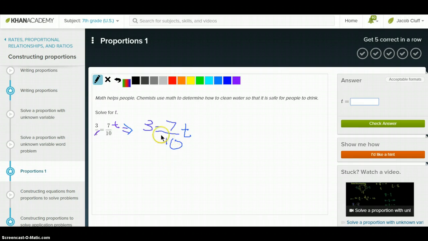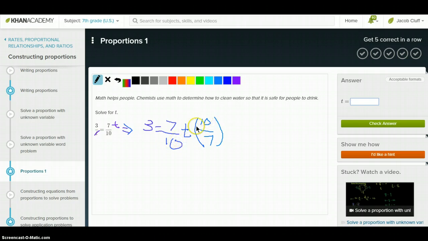Okay, so now to get t by itself, we're going to divide both sides by 7 over 10. If we're going to divide by 7 over 10, that means we're going to multiply by the reciprocal. So we're going to multiply both sides by 10 over 7.